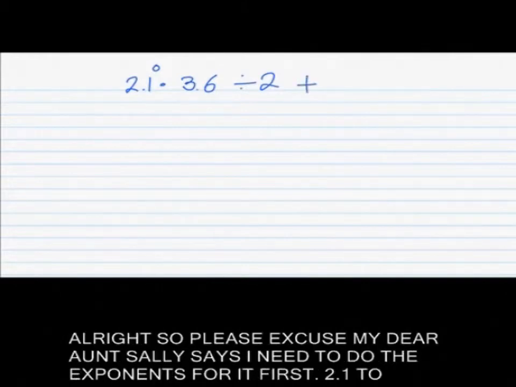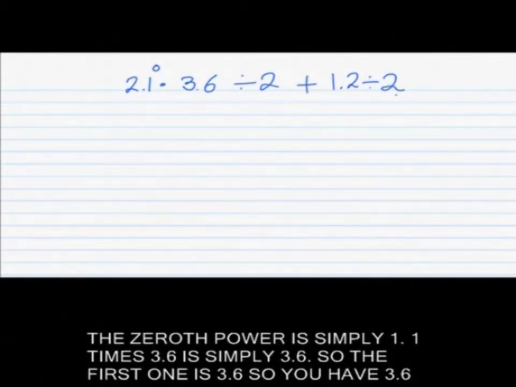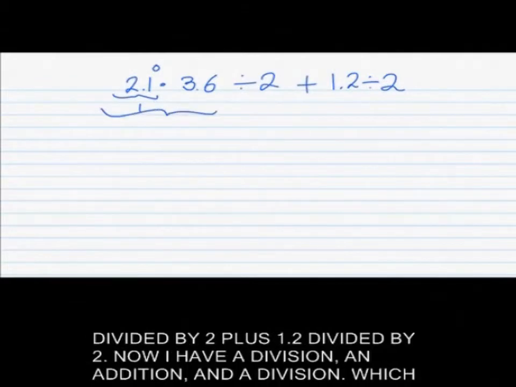Alright, so please excuse my dear Aunt Sally says I need to do the exponents first. 2.1 to the 0th power is simply 1. 1 times 3.6 is simply 3.6. So the first one is 3.6. So you have 3.6 divided by 2 plus 1.2 divided by 2.